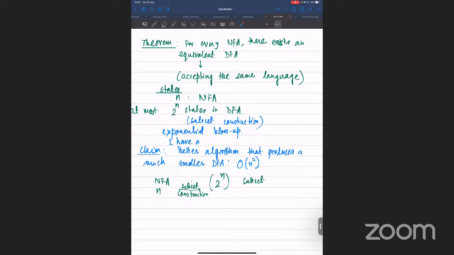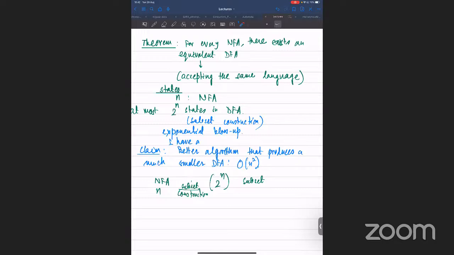In principle it doesn't, because I can argue that there can exist some other algorithm which might give you something better. So that the mere subset construction gives you 2^n doesn't necessarily answer this claim. You have to show that there doesn't exist any DFA accepting the same language with fewer than 2^n states. Is it clear?